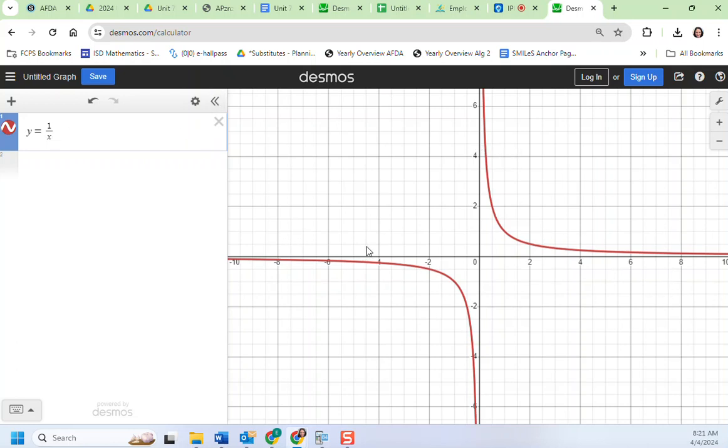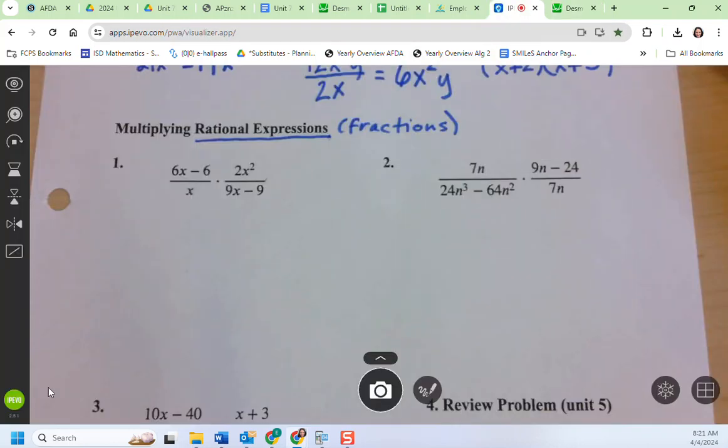It has this branch and this one. Rational functions can actually have more than 2 branches too. And the reason it has these branches is because it has both a horizontal asymptote and a vertical asymptote. And like I said, we're not graphing today, but it's just kind of nice to know what kind of functions we're talking about. So what we are doing is simplifying, and the process for simplifying often involves factoring.